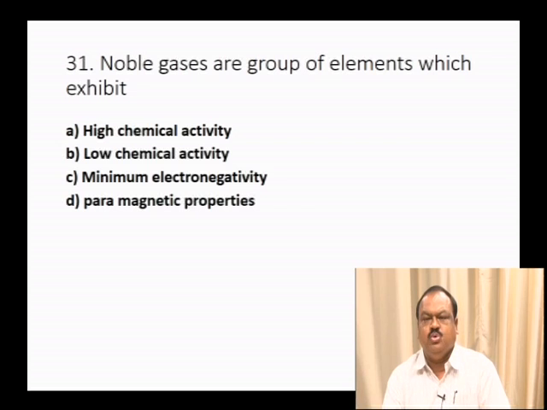Hence, they do not show any interest with respect to chemical activity. Minimum electronegativity: noble gases have zero electronegativity. These elements do not contain unpaired electrons, hence they do not show paramagnetic behavior. So, suitable answer is inert gases do not show interest towards low chemical activity. So, answer is B.